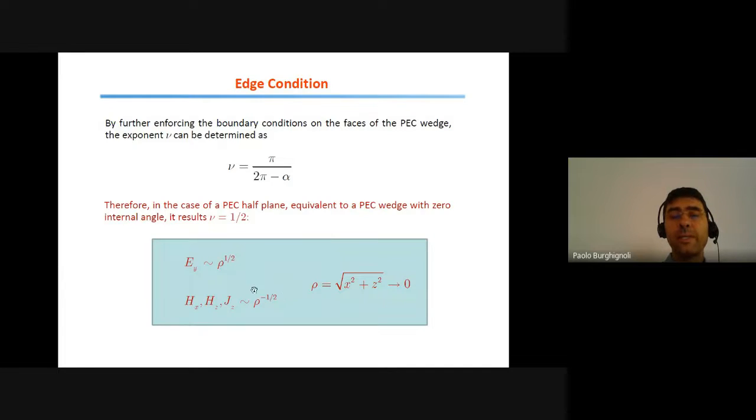However, their square is still integrable in a plane, and therefore the magnetic energy remains finite in the vicinity of the edge. Rho is, of course, the radial distance, so it's the square root of x squared plus z squared.